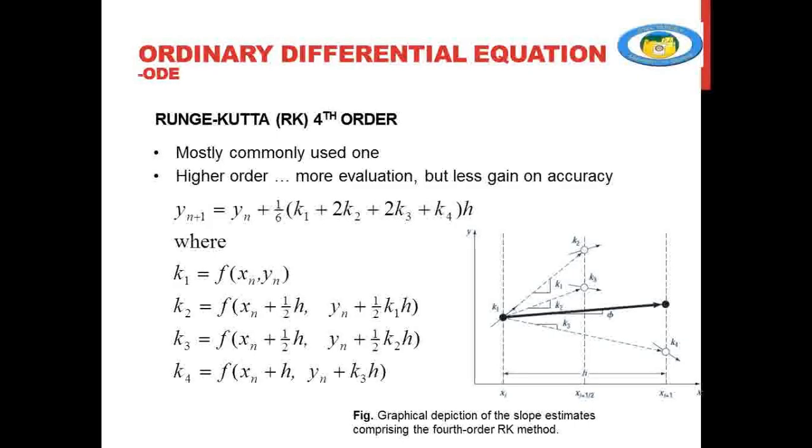In Runge-Kutta fourth order, the incremental function, or the slope, is going to be a weighted average of slopes computed at 4 different points. Essentially, we're going to use K1, which is the slope, the derivative at the beginning point xi, yi.